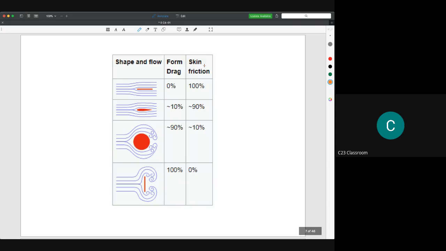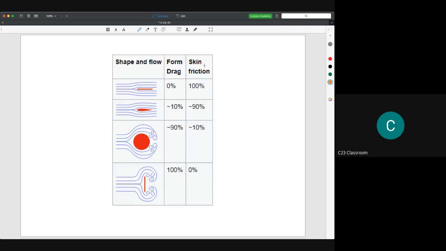Now you need to understand that we are going to calculate the drag force and the lift force, and we focus on the drag force first. In a specific calculation, we could divide the drag force into two types.